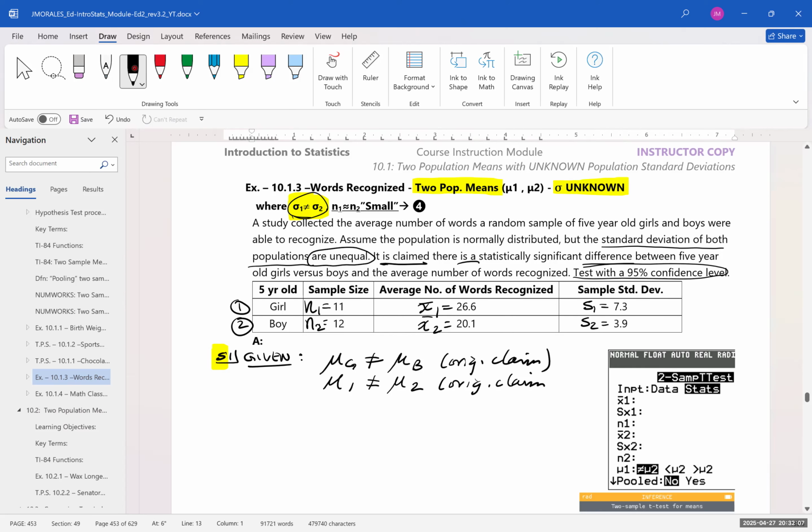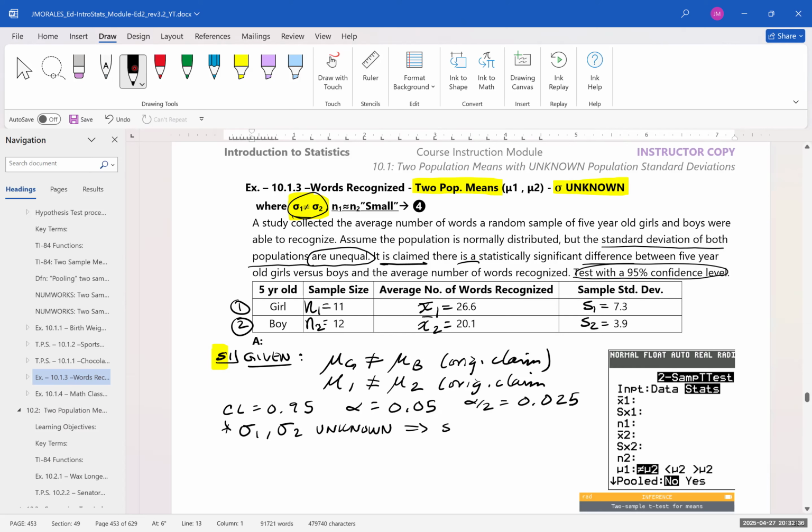Test with a 95% confidence level. So we have a confidence level of 0.95, which will be a significance level of 0.05. And if we divide that in 2, that's going to be 0.025. So what is unknown is the standard deviations for both populations.